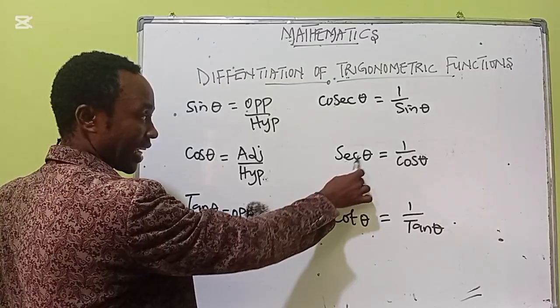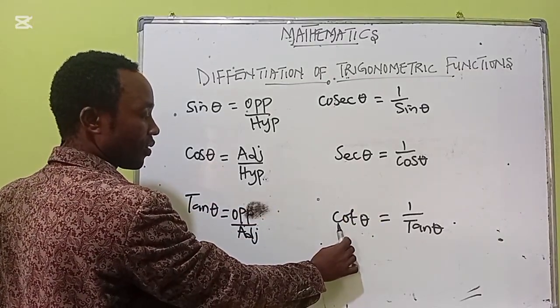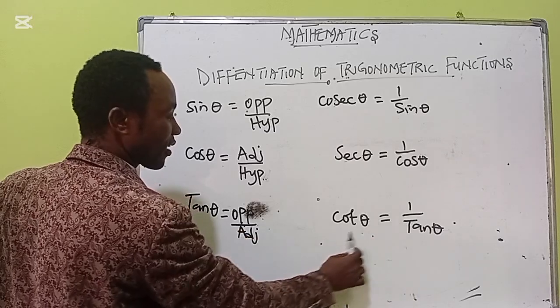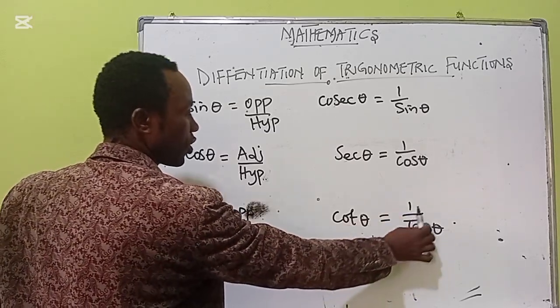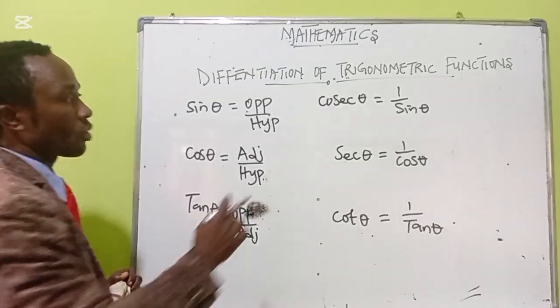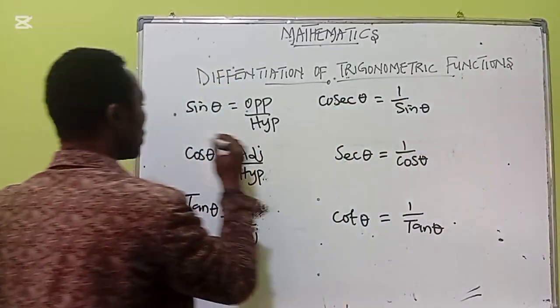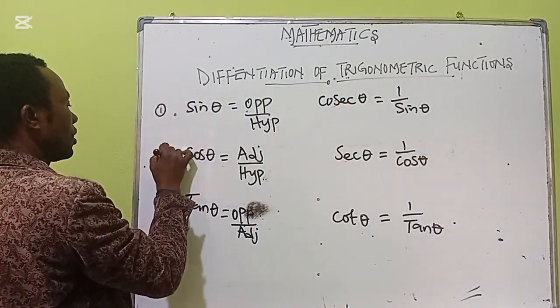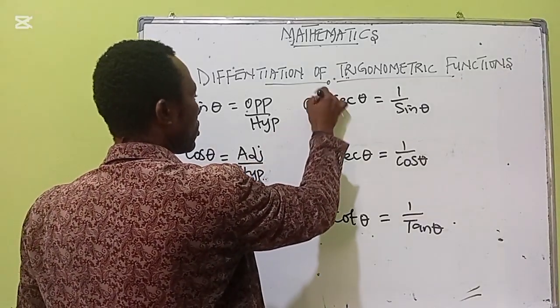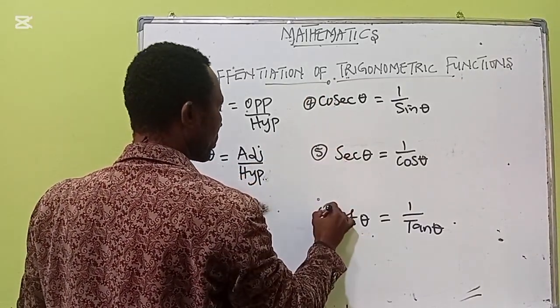Secant, secant theta. Then, of course, cot is cotangent, cot theta. So it is what? 1 over tan theta. So what are the 6 trigonometric ratios? I have number 1, number 2, number 3, number 4, number 5, number 6.